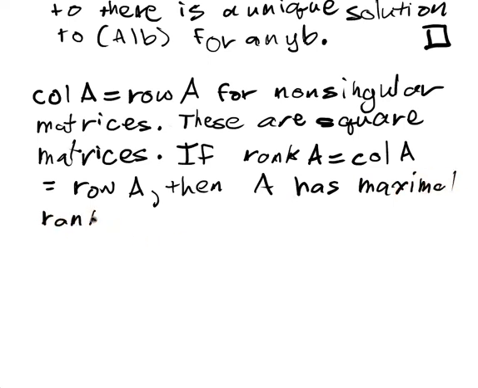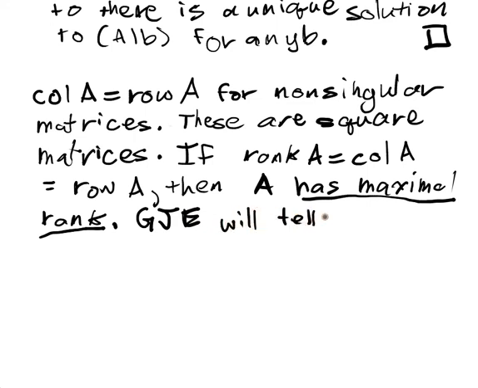And a very important problem in linear algebra is determining if A has maximal rank. We can determine that by doing Gauss-Jordan elimination, or just Gaussian elimination, which will tell us the rank. But is there anything quicker?